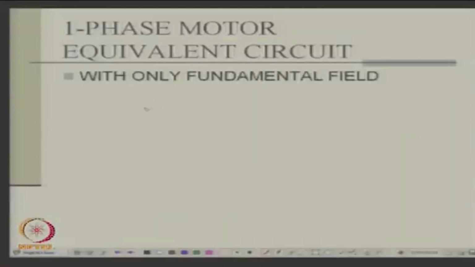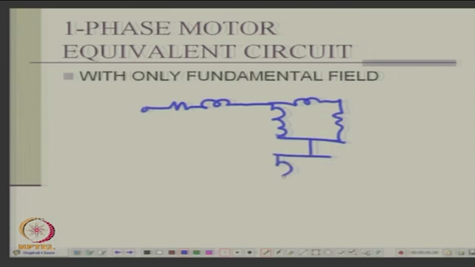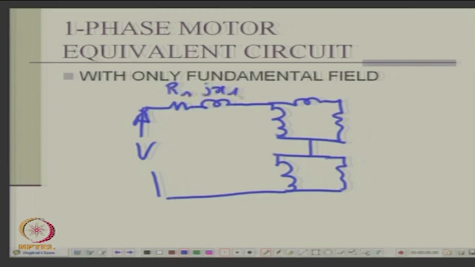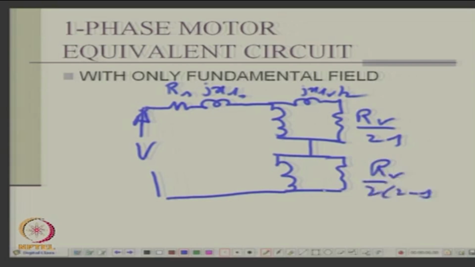Okay, now, with only the fundamental we have the standard equivalent circuit, is it not? So, we apply a voltage V with only the fundamental, okay, then RS, jXLS, jXLR by 2, RR by 2S, RR by 2 into 2 minus S, XLR by 2, jXM by 2, jXM by 2.